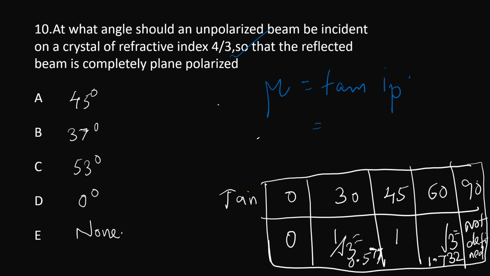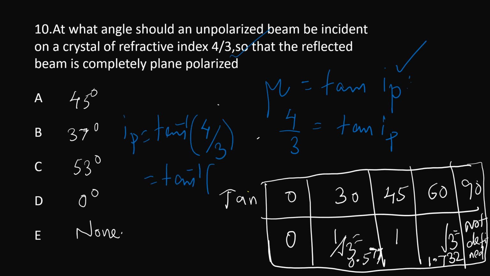That means the angle of incidence for which the reflected light is completely polarized is called the polarizing angle. So we can write 4 by 3 = tan IP, or IP = tan inverse 4 by 3, that is tan inverse 1.33.